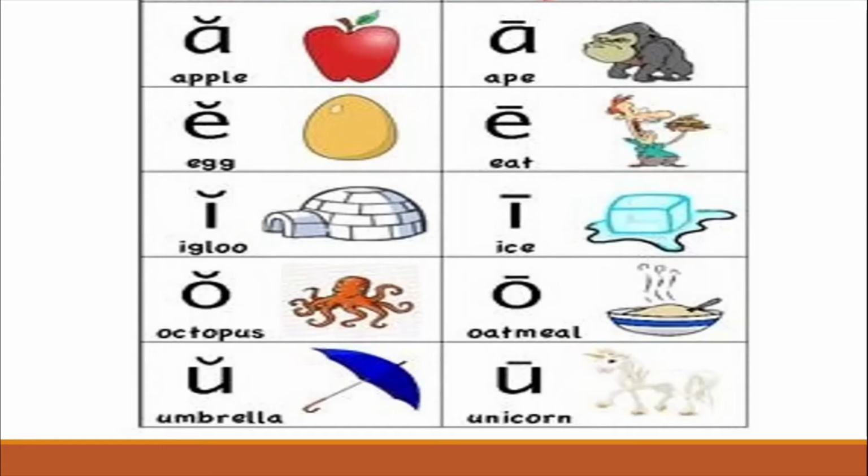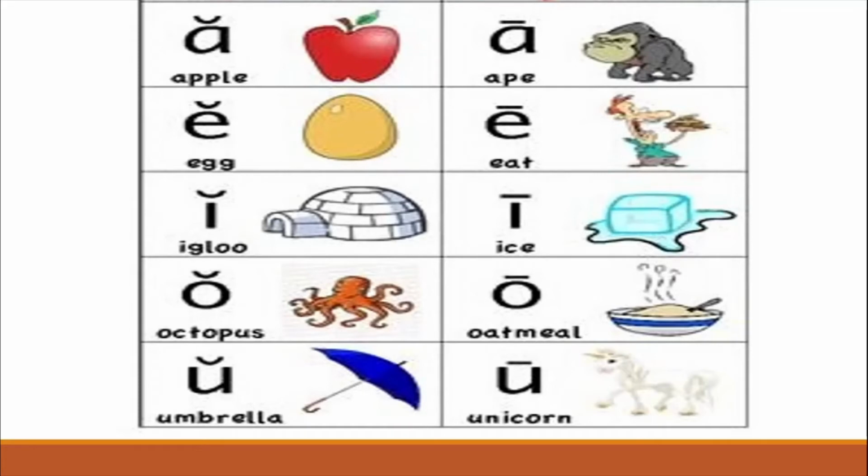Is it clear? In egg it is a different sound. Okay? But in eat it is E. So it is the same letter having different sounds.